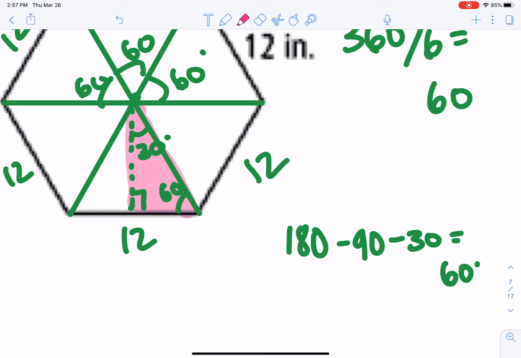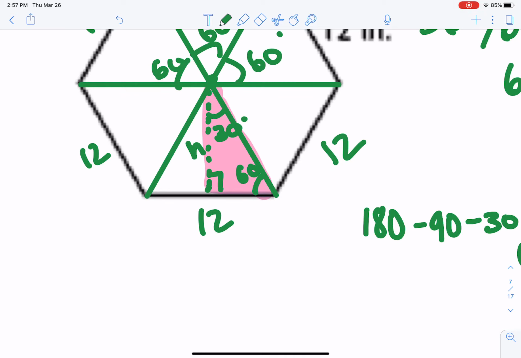Now if you notice this pink triangle right here, I have a right triangle, and I can use trigonometry. Good old SOHCAHTOA. I know you've missed that song. We use it to find out what the apothem, or the height of this triangle, is. The base is 12 total, but this half would just be 6.